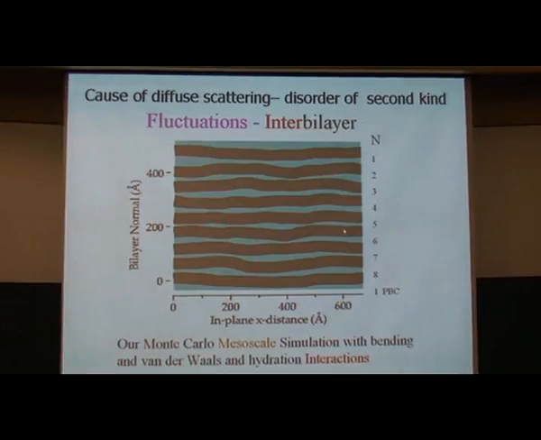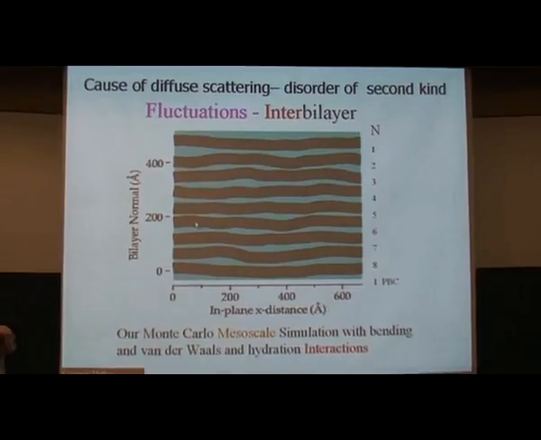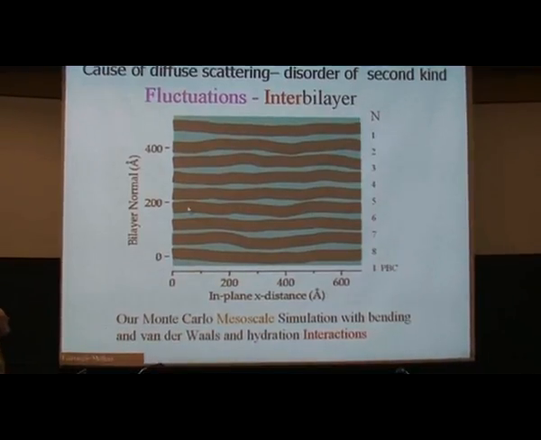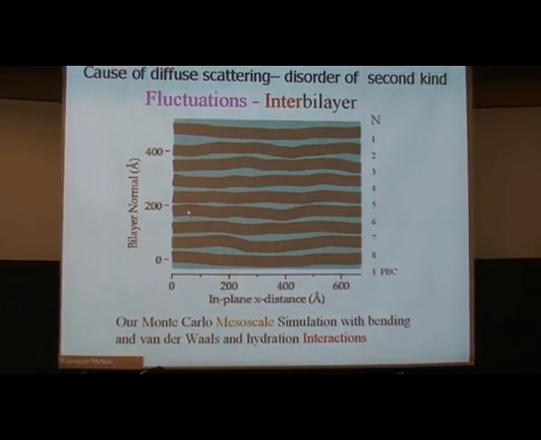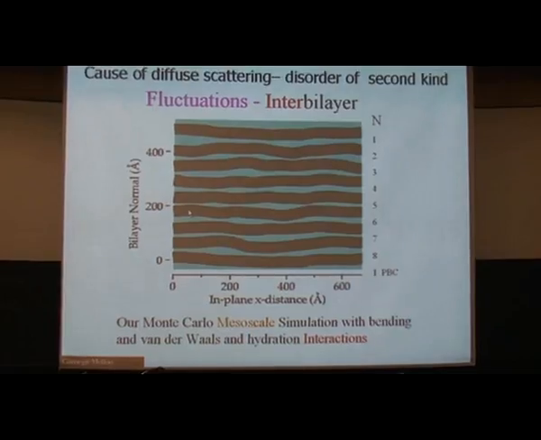I'll show you the theory that gives you this in a minute. But what we have is samples which are no longer perfect crystals with the planes stacked up with a regular D-spacing. They have much more disorder and fluctuations in them. And that's the kind of thing that gives rise to that diffuse scattering that I showed you in the previous slide.